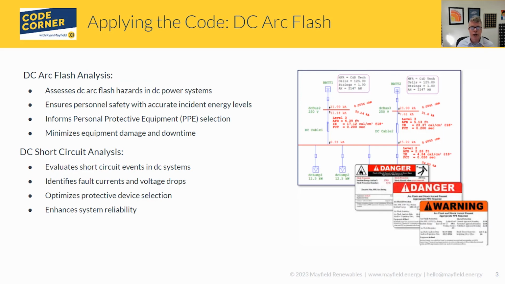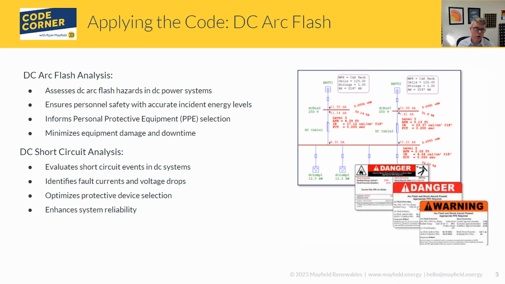Going through that list, 110.16 talks about arc flash requirements. One of the things that's required for our installations, and this is commercial, explicitly, the code making panels don't require this to be done on residential and one- and two-family dwelling applications.